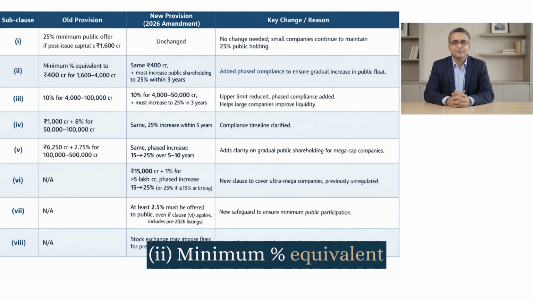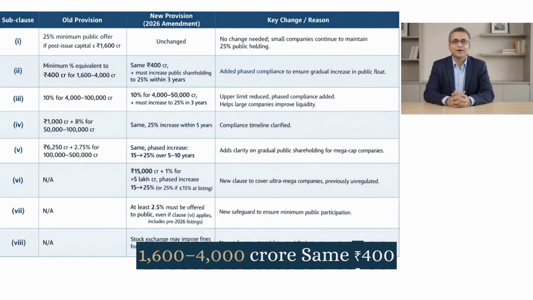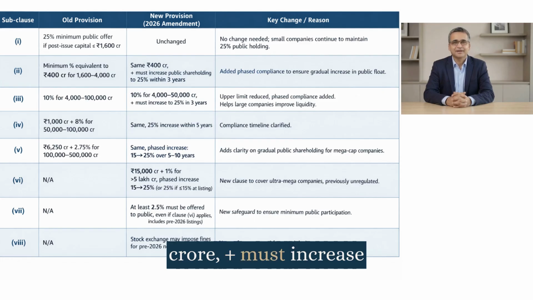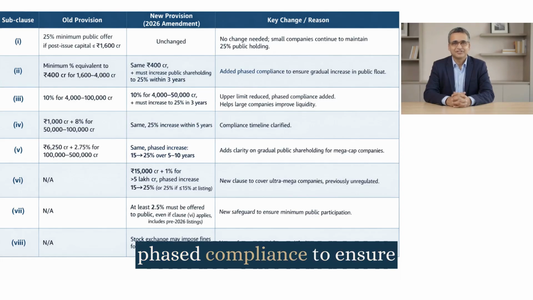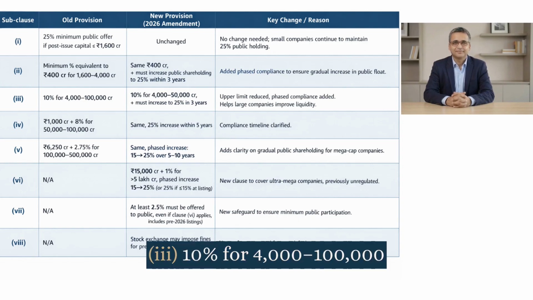Minimum percent equivalent to 400 crore rupees for 1,600 to 4,000 crore. Same 400 crore rupees, plus must increase public shareholding to 25% within 3 years. Added phased compliance to ensure gradual increase in public float.